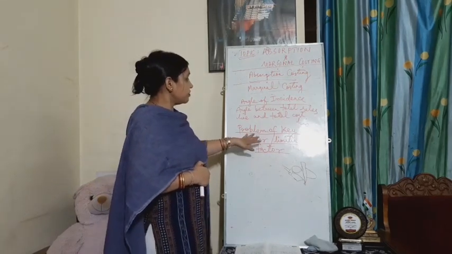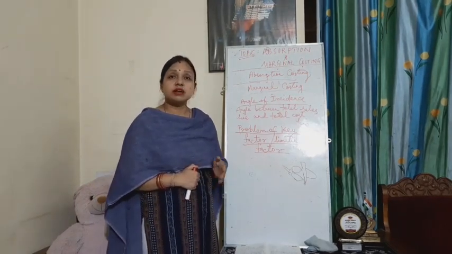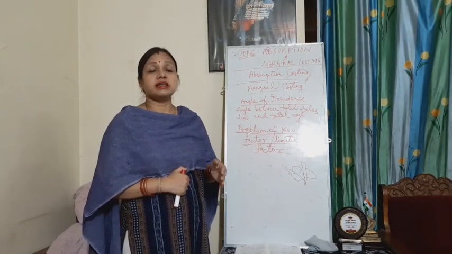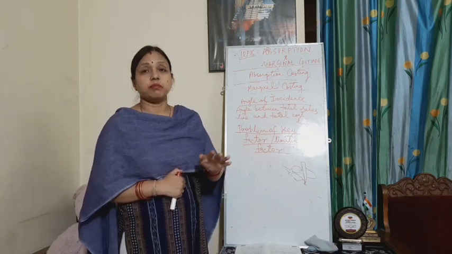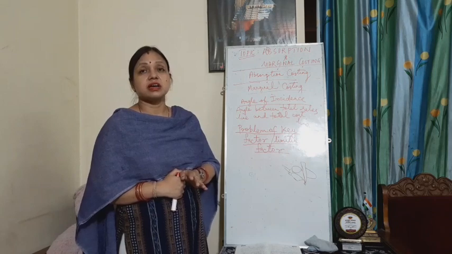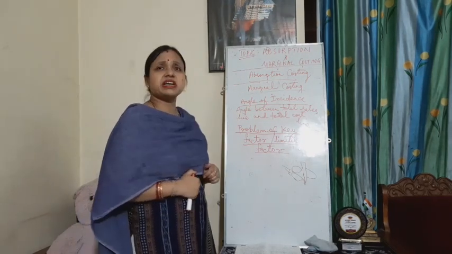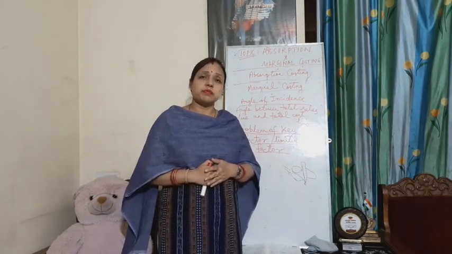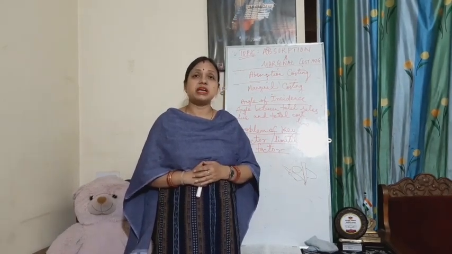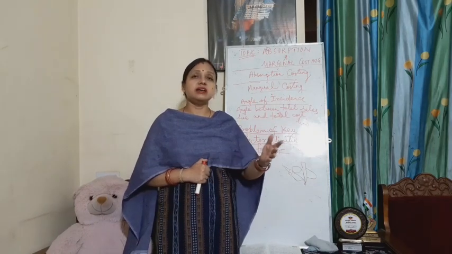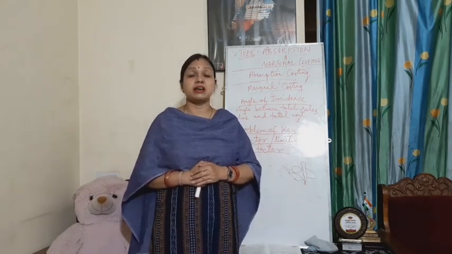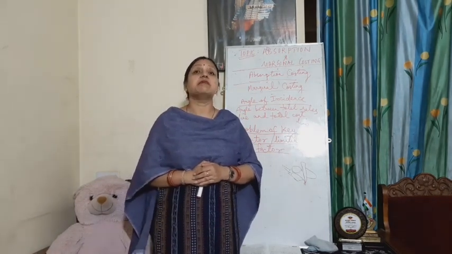So when it comes to key factor or limiting factor, what a business house has to do, it has to see which product is giving the highest contribution per unit of limiting factor, and that product will be given preference in comparison to other products. I'll just make it clear with an example. Suppose a company is producing 3 products, product A, product B, product C. Let us say here the key factor or the limiting factor or the factor which is available in scarce supply is the labor hours, manpower.